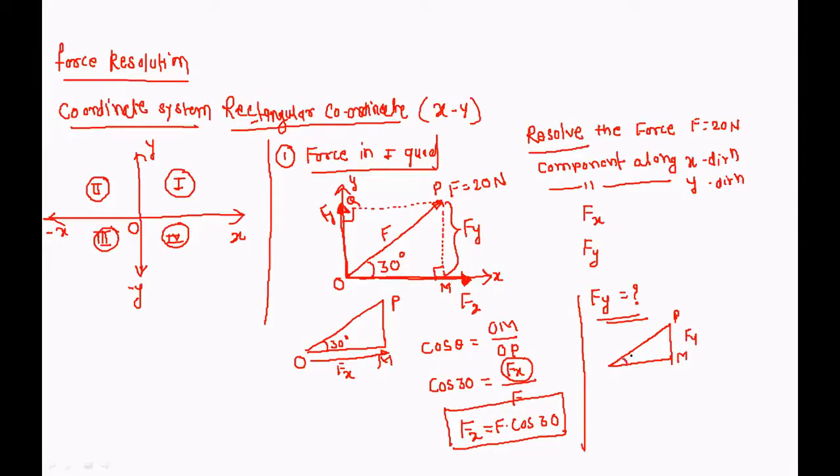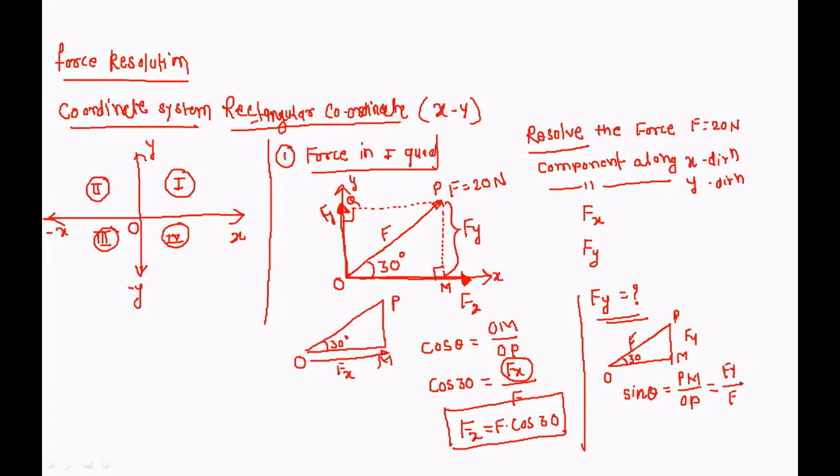This angle is 30, and this point is O. So if I use the sine theta here, it will become opposite side, that is the PM, divided by the diagonal, that is the OP, and this PM is nothing but the Fy, and this OP is nothing but the initial force, that is the F. You can refer this figure. OP is nothing but the F value.